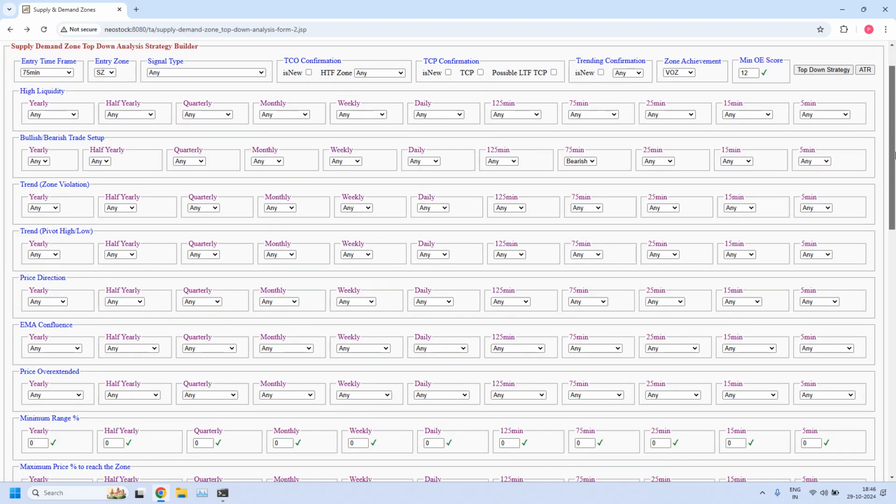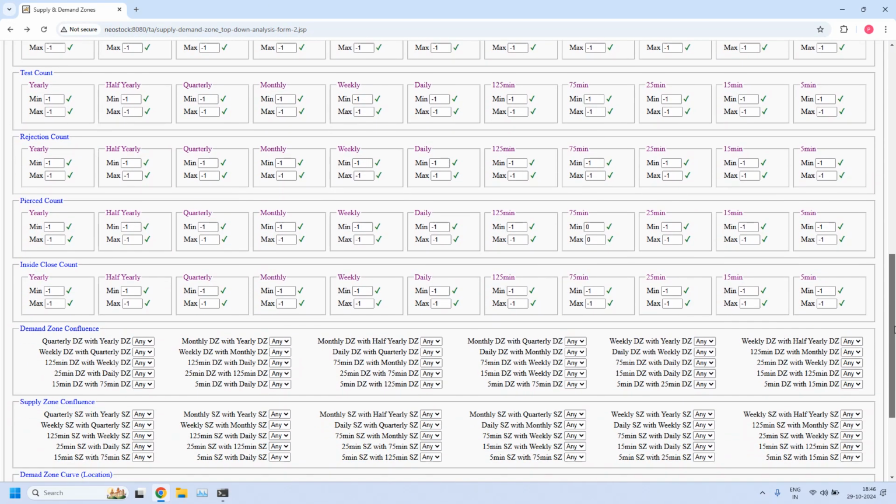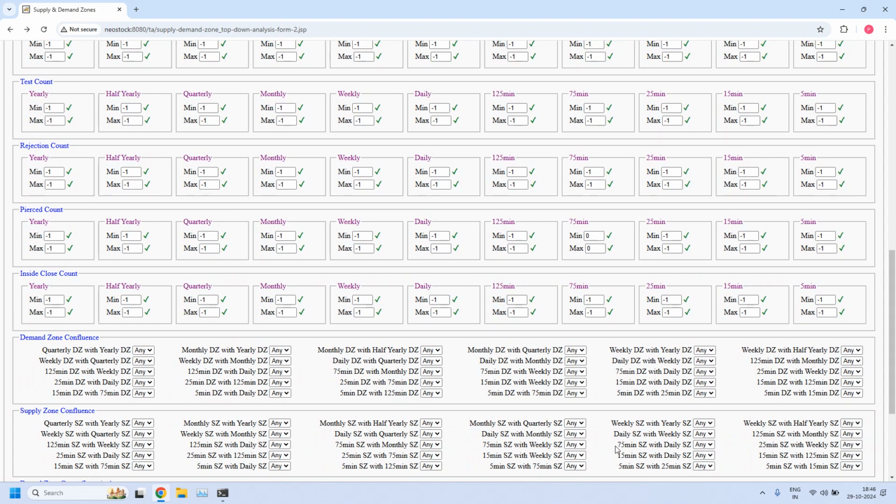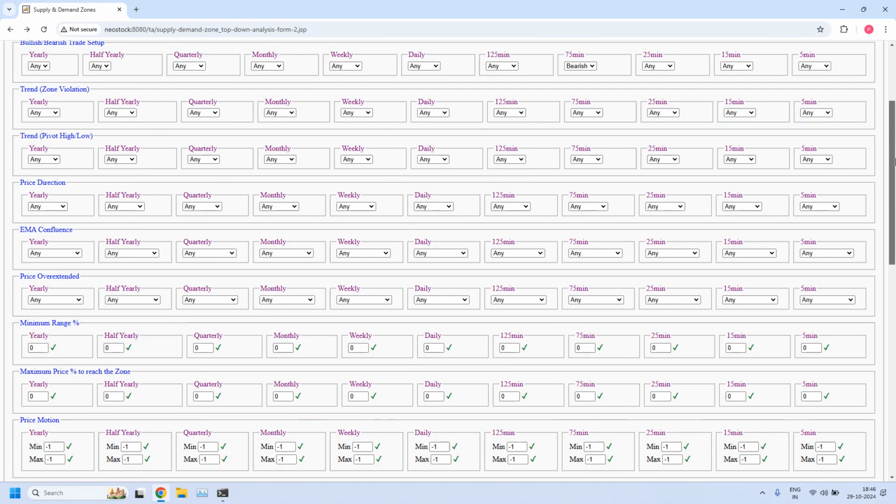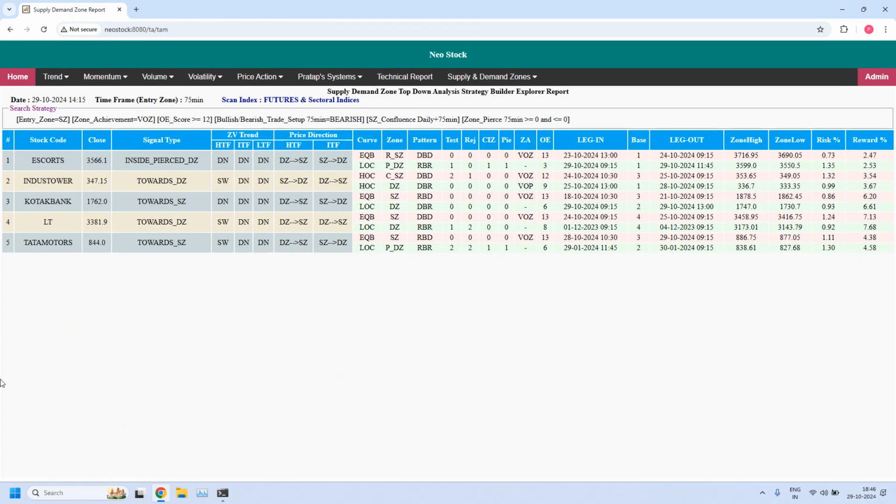That is, the 75 minute supply zone should be part of the daily supply zone. So I am enabling the filter 75 minute supply zone with daily supply zone confluence. With this filter, out of the 7 stocks, we got 5 stocks. All these 5 stocks are supporting a high probability setup because the 75 minutes entry supply zone is part of the daily supply zone, and the daily is the ITF time frame.